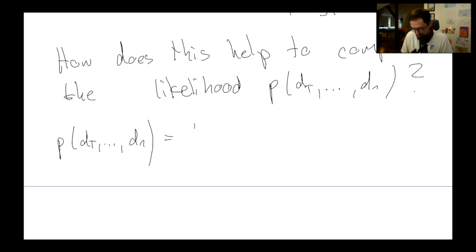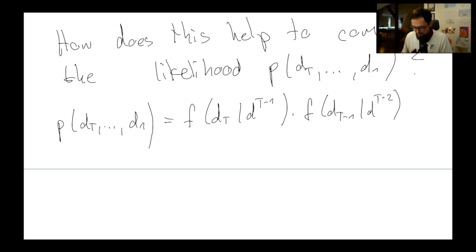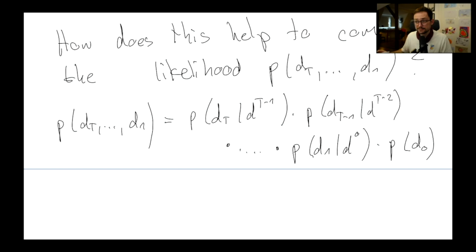We can write this down as p of dt given dt minus 1 times p of dt minus 1 given dt minus 2 times and so on, times p of d1 given d0 and p of d0.